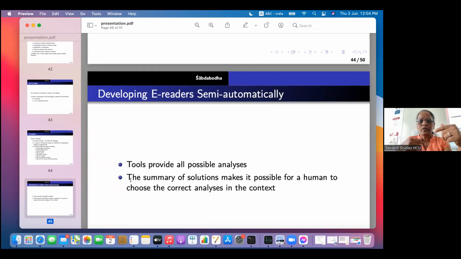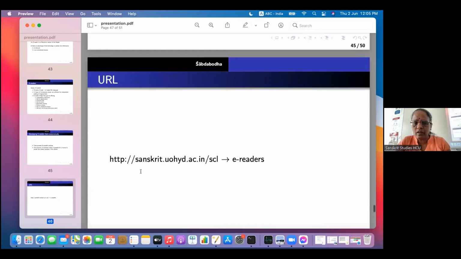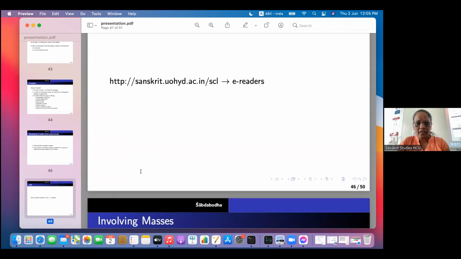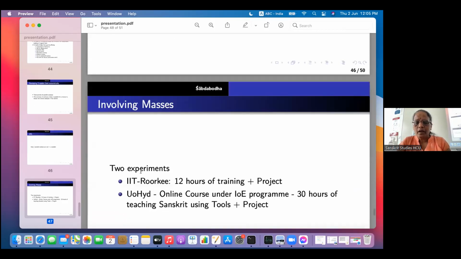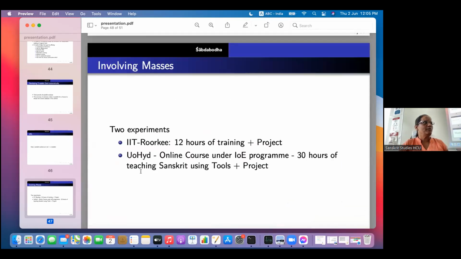So in a sense, with the help of this course and the tools which are available for semi-automatic analysis, we can develop these e-readers semi-automatically. And such analysis, whatever we have done, as I have shown you, these are available, where masses are involved, masses are trained in this.